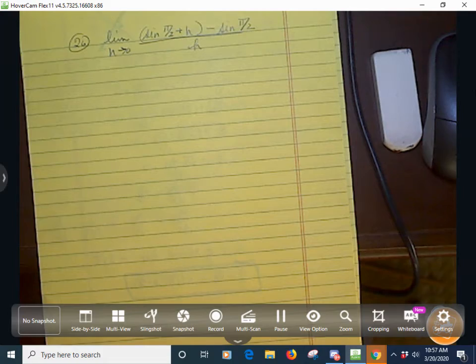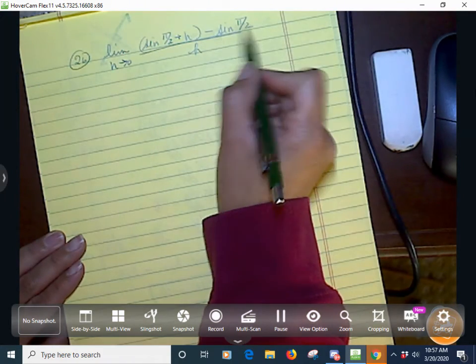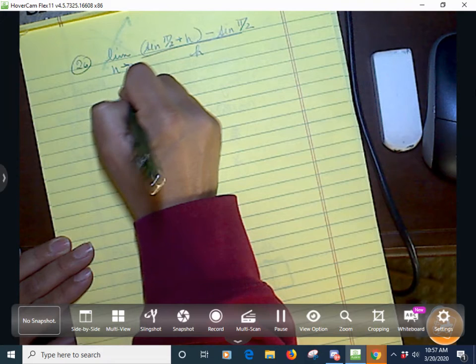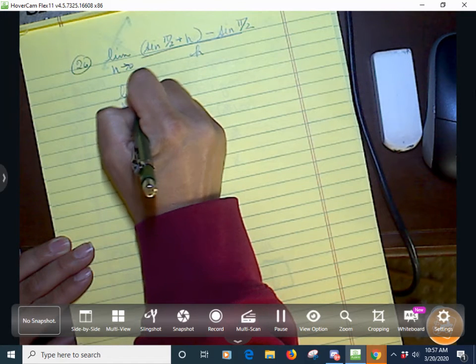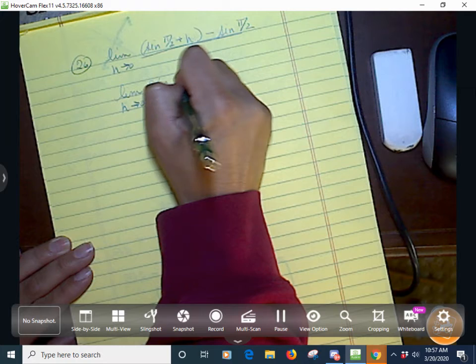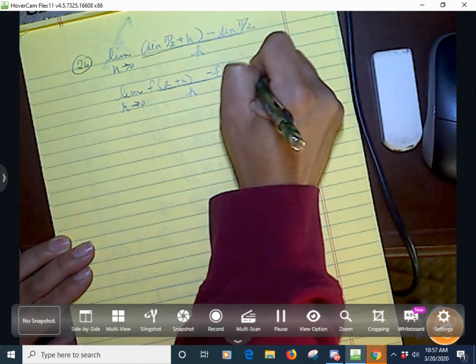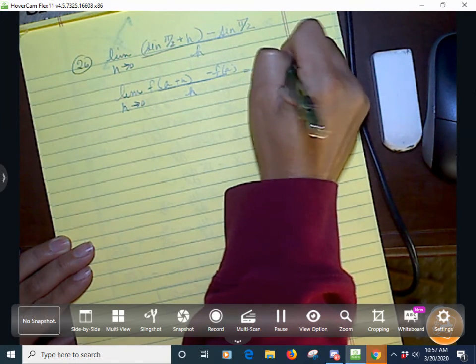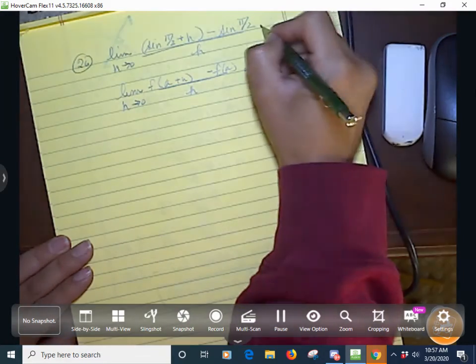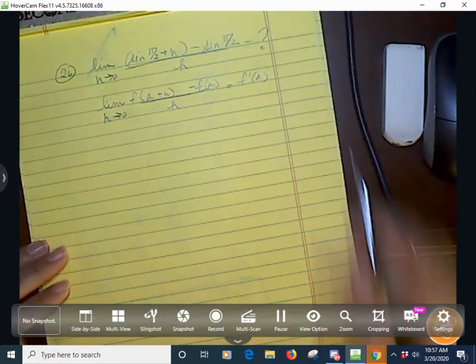And so this is not an x, this is a value. So you should match it up to this: f of (a plus h) minus f of a, all over h, which is equal to f prime of a. And so you're trying to find out what this expression is equal to.